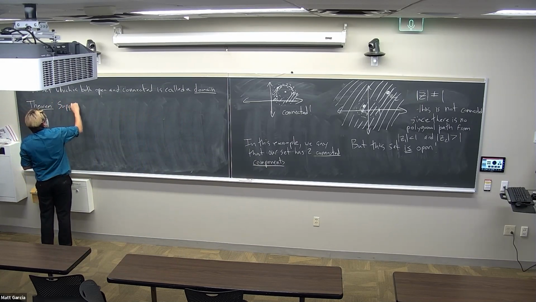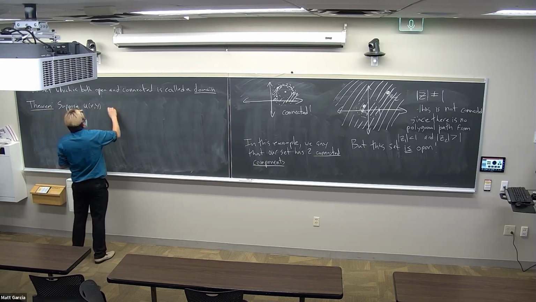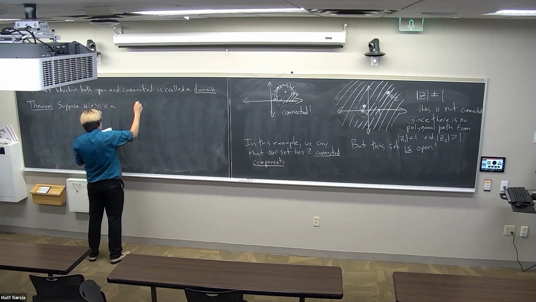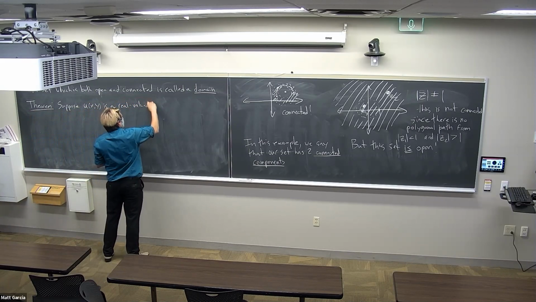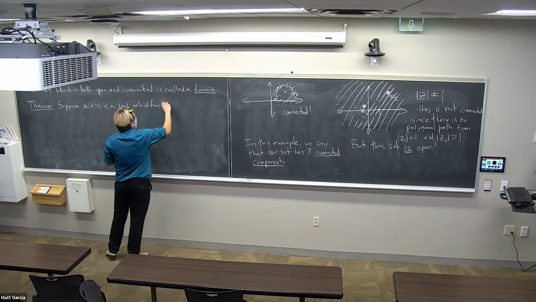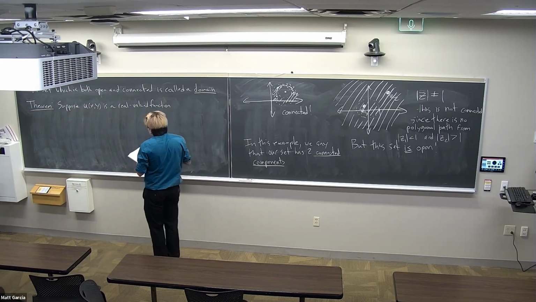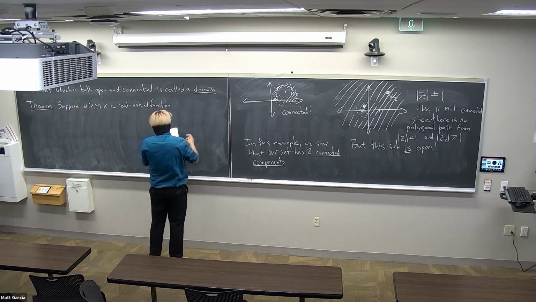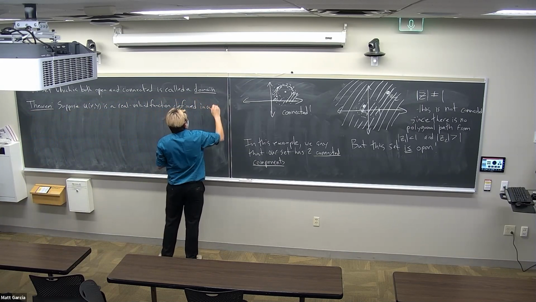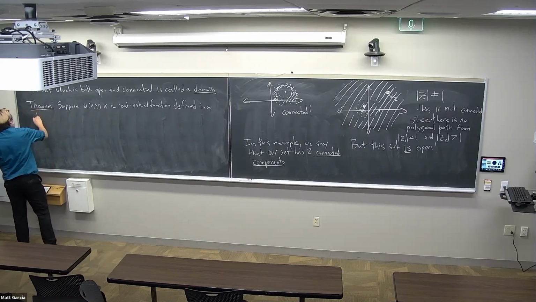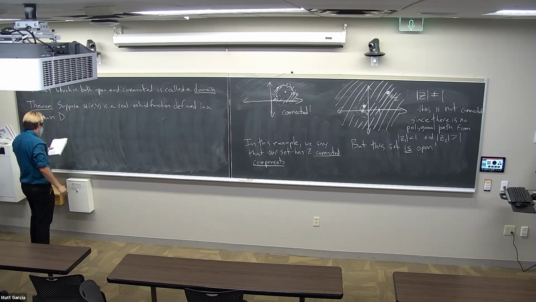Suppose u of x comma y is a real valued function. That is to say, it takes in a 2-vector and spits out a scalar, defined in a domain, we call it D, capital D.